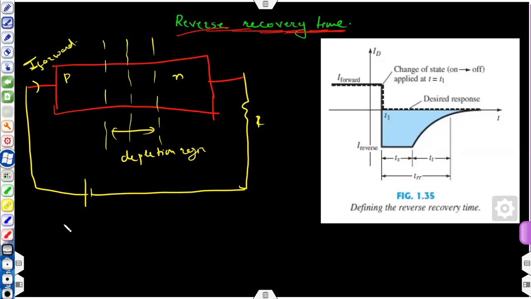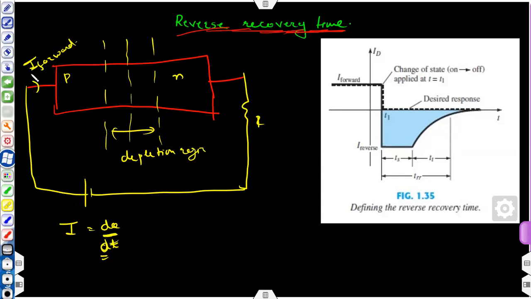Okay, so you know that I is dq by dt, meaning some amount of charge is flowing per unit time, and that amount is constant.